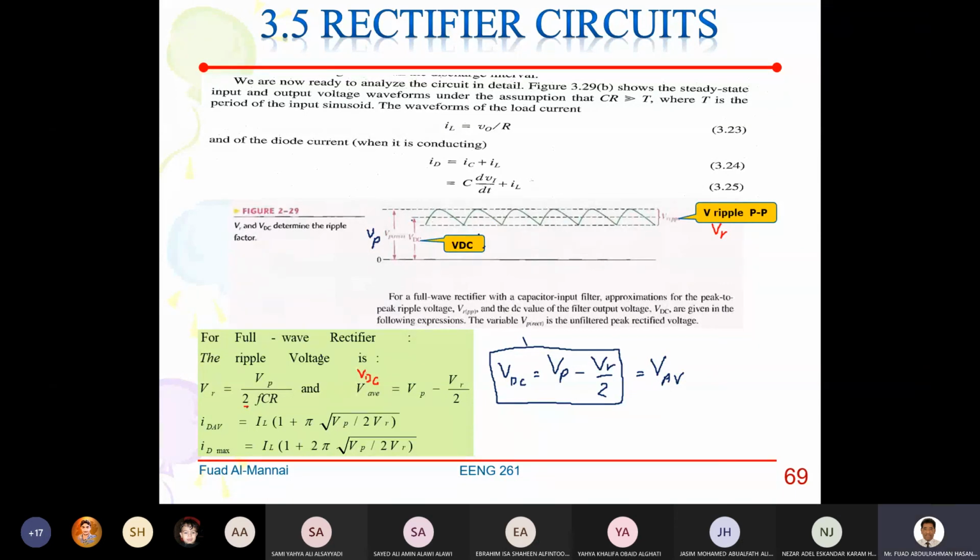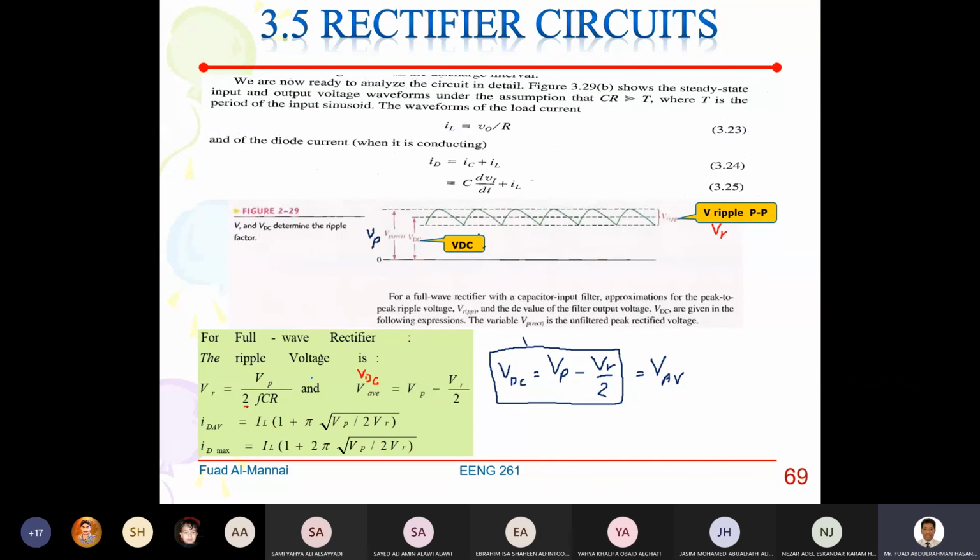This is VDC, and VDC is given by this formula: VDC is equal to VP, which is the Vmax output, minus VR divided by 2, or equal to Vaverage as well. And this is for the full wave rectifier.